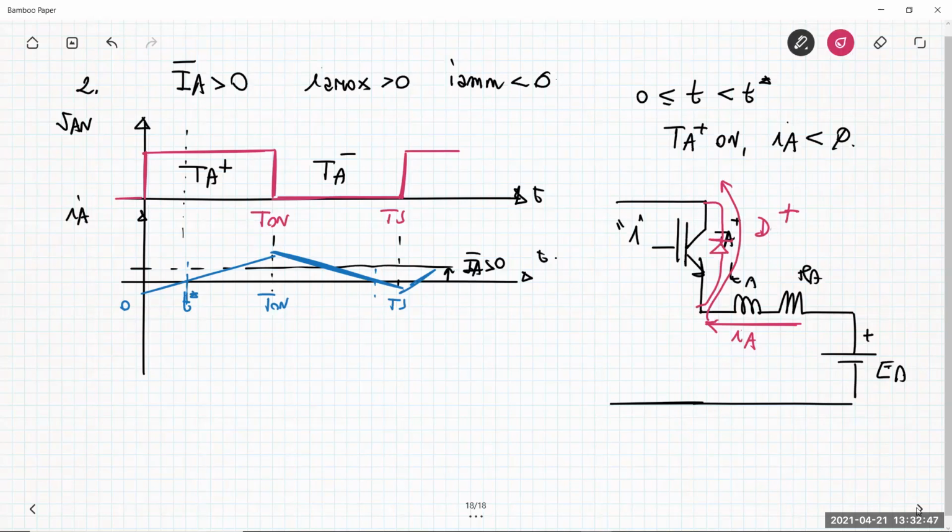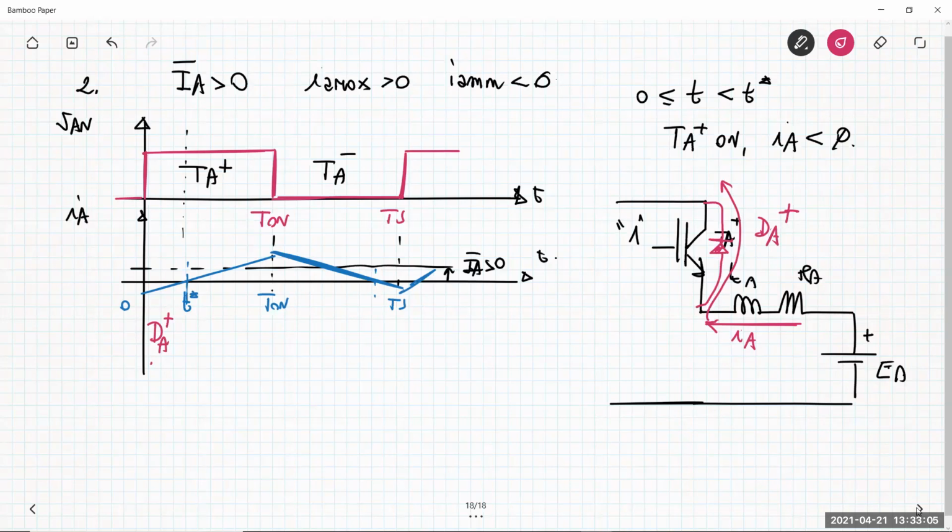Sorry, it's DA plus; DB is not considered now. So the device conducting is DA plus. This happens in this interval.